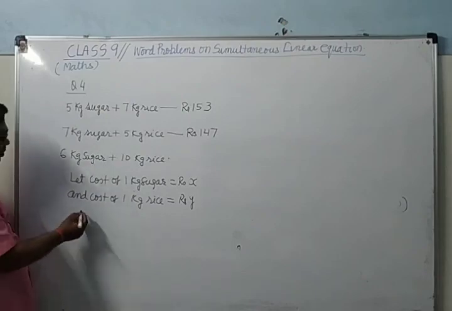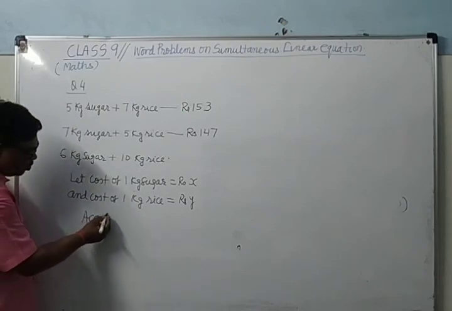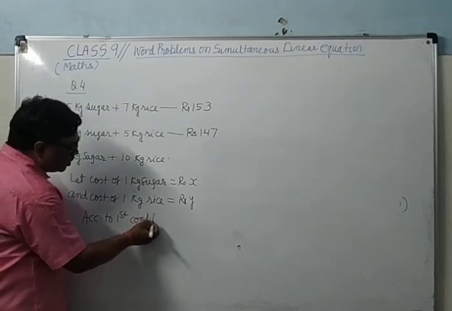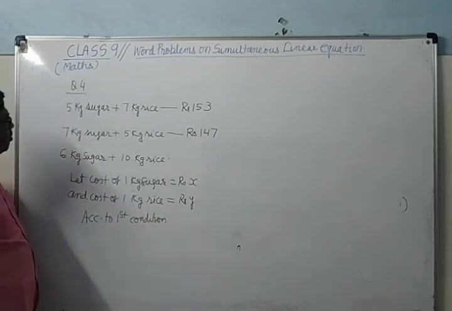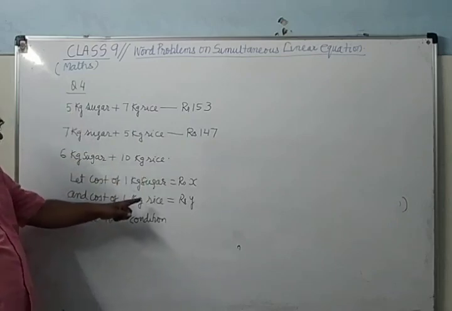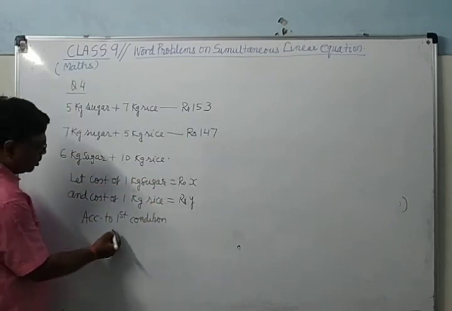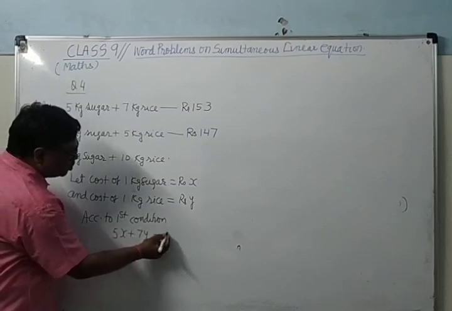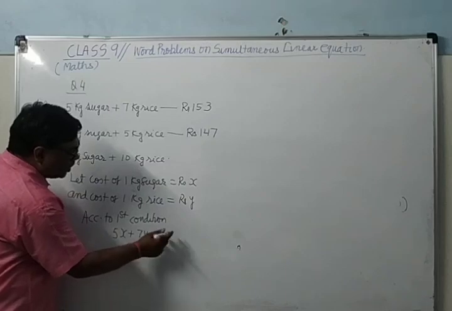So according to the first condition, what is the cost of 5 kg sugar? It will be 5x. 7 kg rice will be 7y. So 5x plus 7y equals 153.